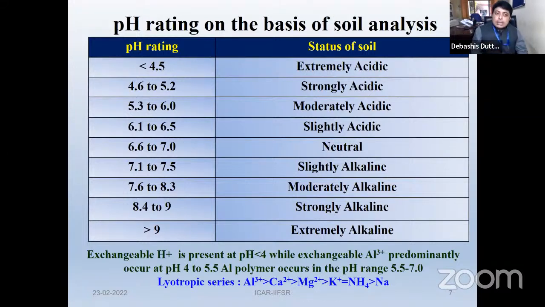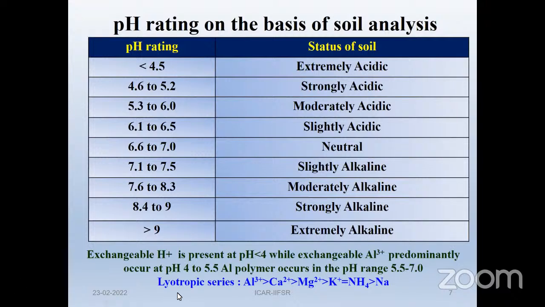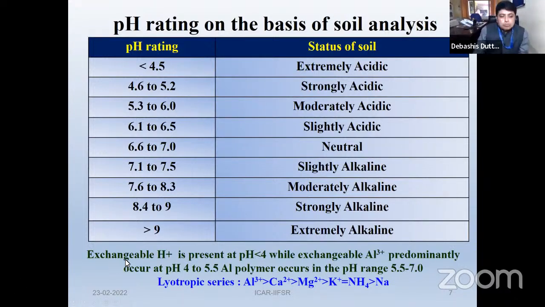If you see the pH range, we can categorize our soil systems from extremely acid to extremely alkaline. Exchangeable hydrogen ion is present in the soil solution when the pH is less than 4, while exchangeable aluminum predominantly occurs at pH 4 to 5.5, and aluminum polymer occurs in the pH range 5.5 to 7.